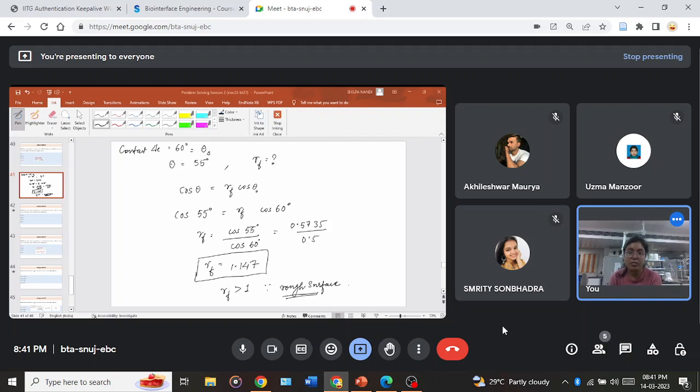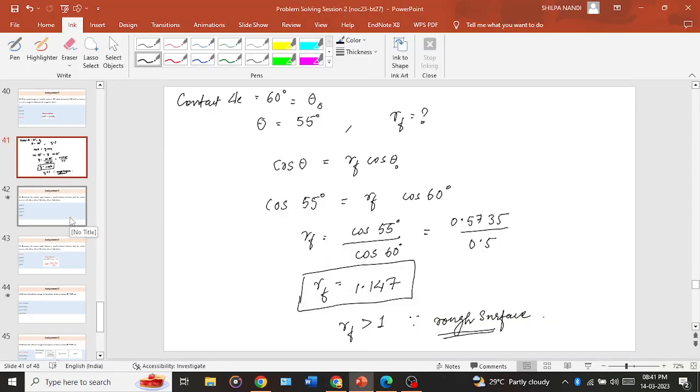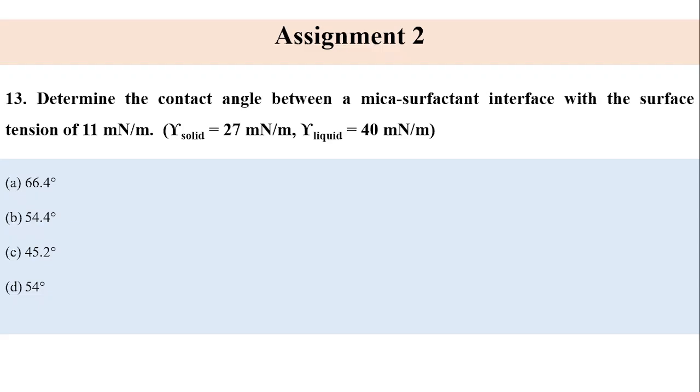So okay, in the last question we can see we solved this question using the Wenzel equation. Fine, so let's move on then if there is no doubt. So the next question is, determine the contact angle between a mica and surfactant solution interface with the surface tension of 11 millinewton per meter, wherein you have been given the surface tension of solid as 27 millinewton per meter and the surface tension of liquid is given as 40 millinewton per meter.